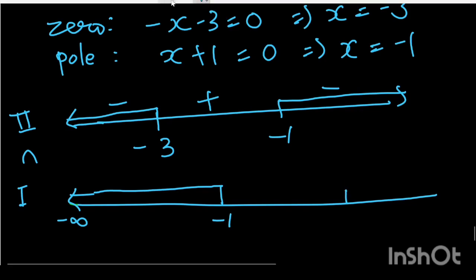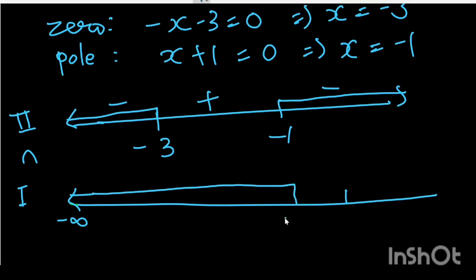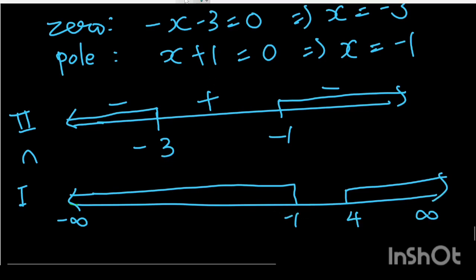Just a minute, guys. Minus infinity to minus 1, it will be till here. Yes. And 4 to infinity, guys. So we will take intersection of these two. We will draw perpendiculars, as usual.